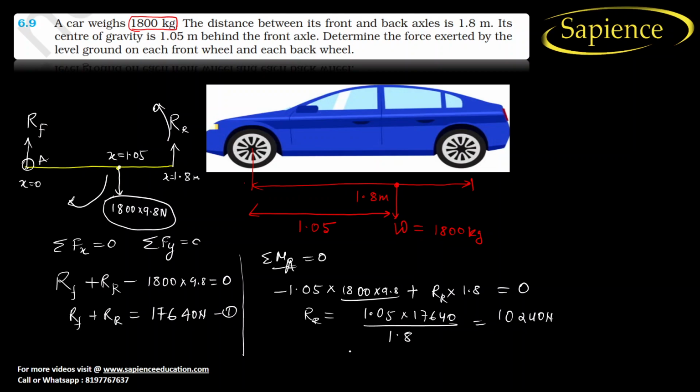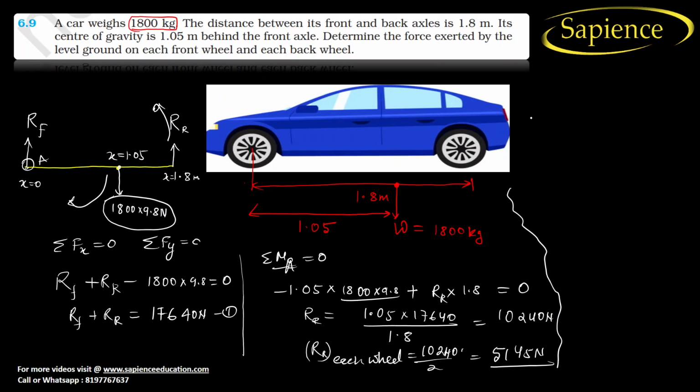But there are two wheels, so the reaction force on each wheel is equal to 10290 divided by 2 Newton. If you divide it, I think you will get 5145 Newton. So this is the reaction force on each wheel at the rear side.